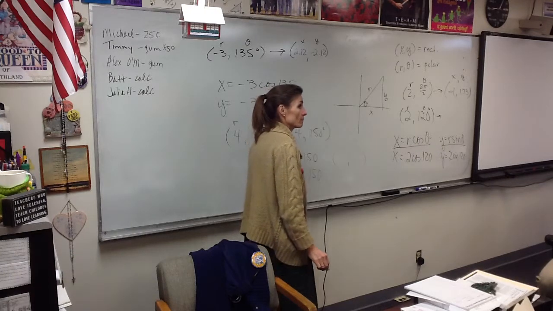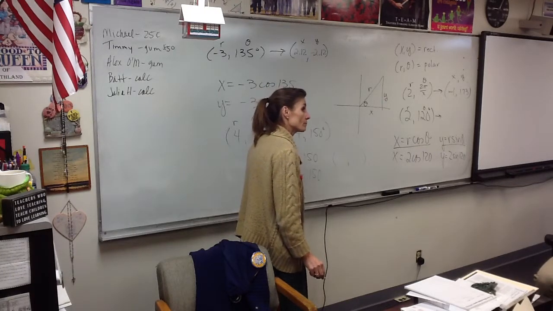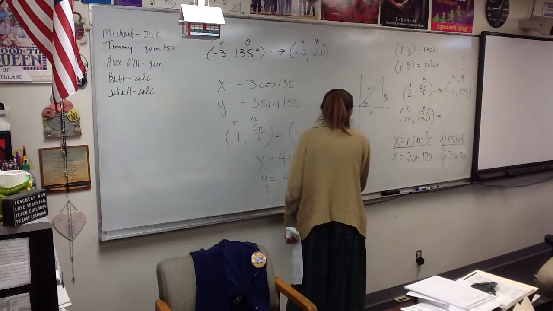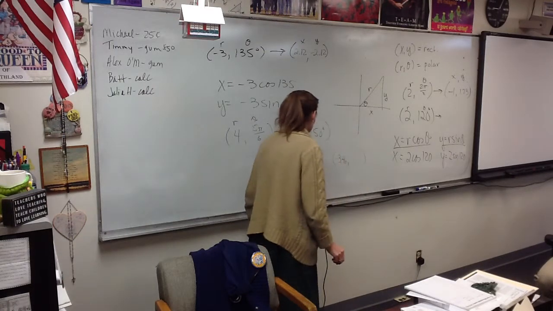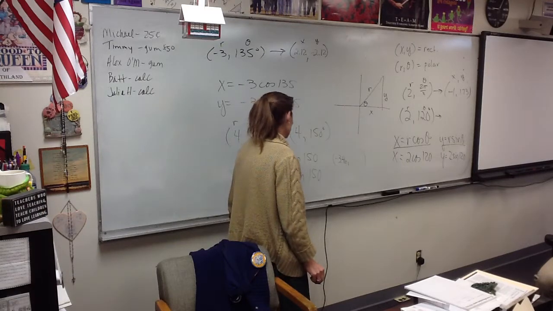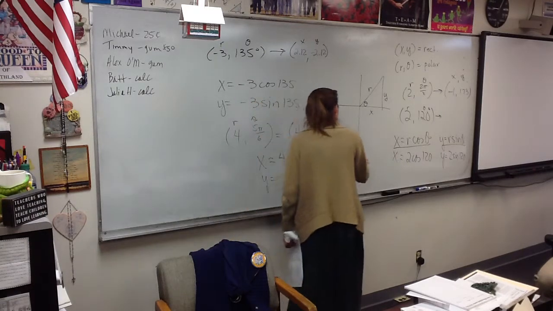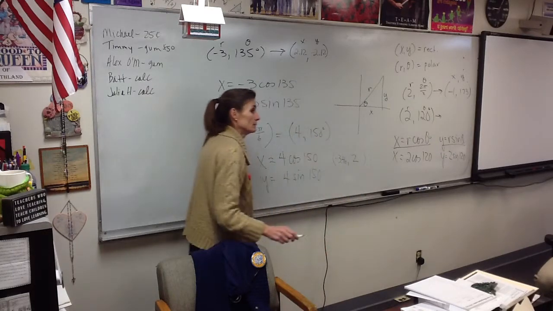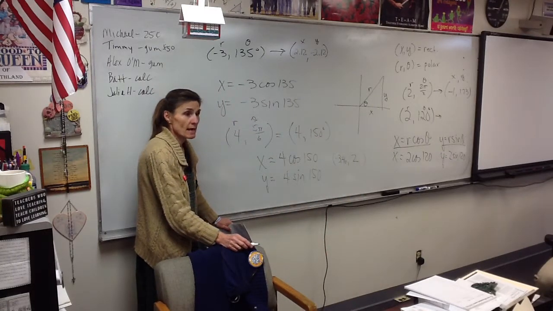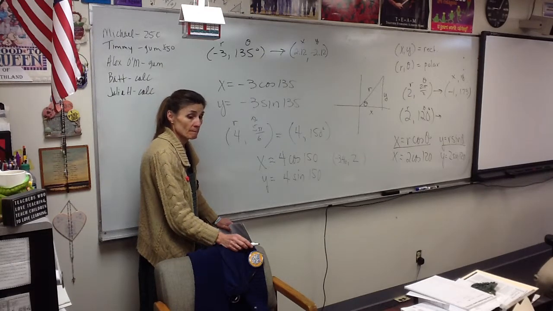Kieran? For the first one, I got -3.46. -3.46, okay. And the second one's probably positive too. Yeah. Now, how hard is that? It's pretty easy right now.